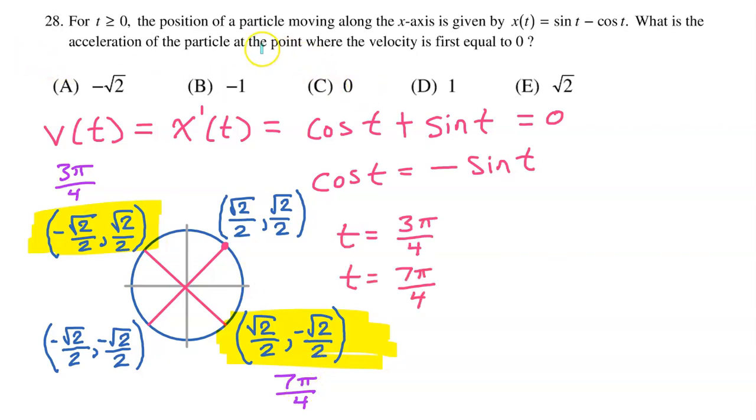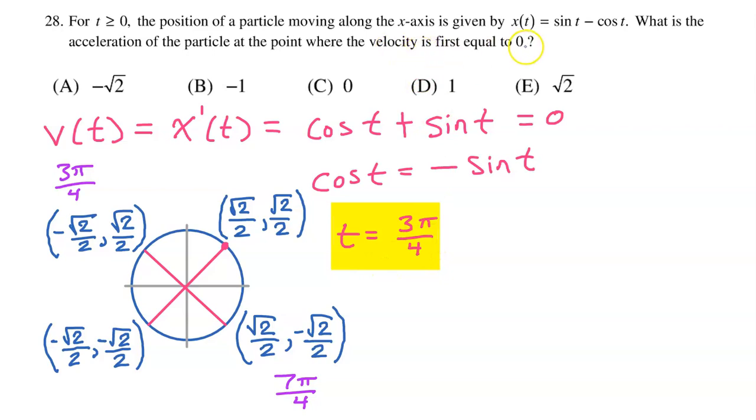But wait a minute, we want the point where the velocity is first equal to 0. So that will just be the 3 pi over 4. So we have found the time when the velocity is first equal to 0. Now we need to find the acceleration of the particle at this time.